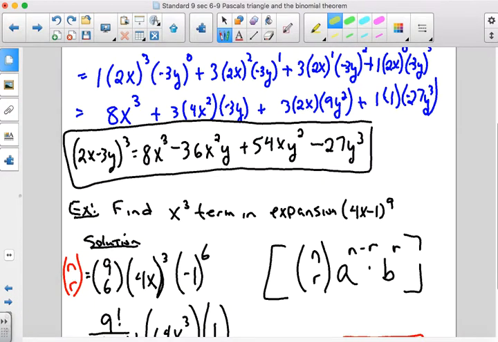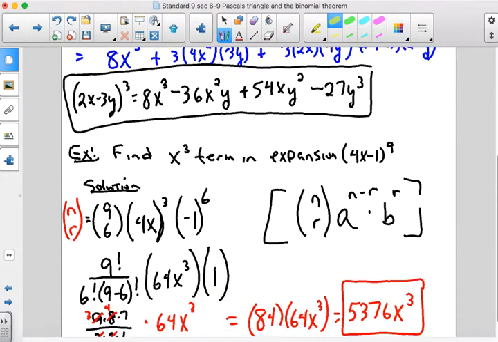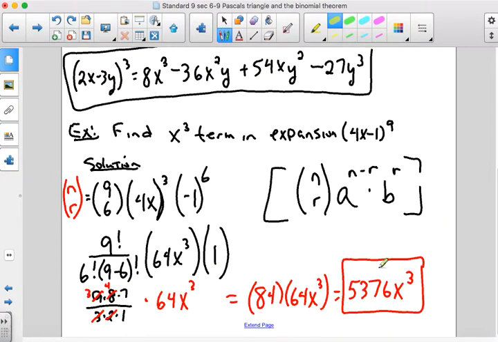Okay. Now, instead of writing out the whole thing, some questions just say find the x to the third term in the expansion of 4x minus 1 to the ninth. So here's the solution.